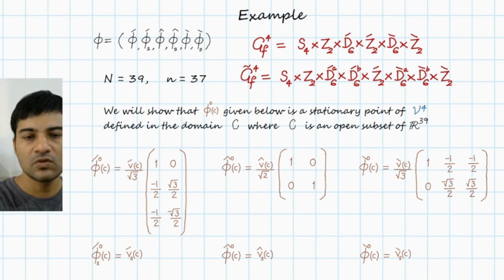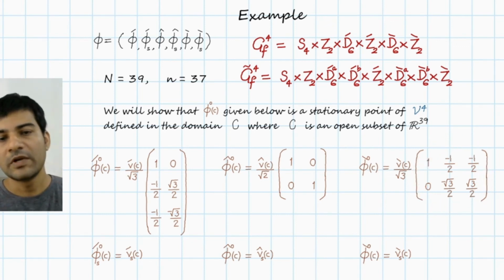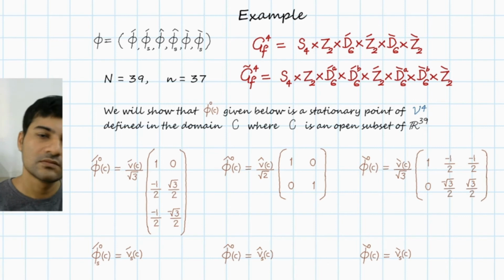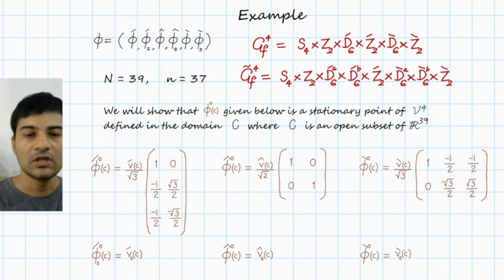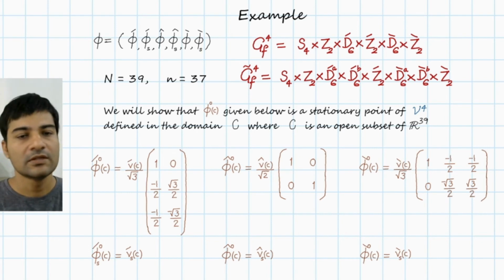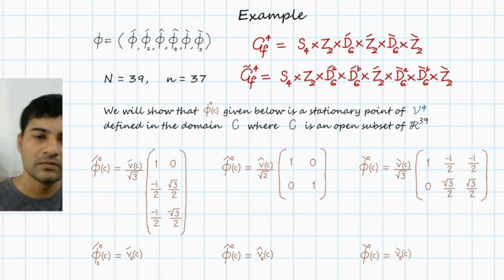Other than these norms, every other degree of freedom of these multiplets, I have fixed it. I have not shown how this can be true, but for the moment, please bear with me.